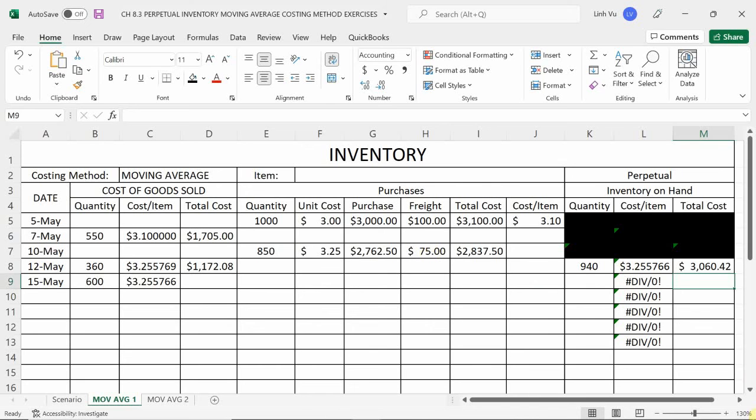Even if you were to calculate it on your calculator, 3,060.42 divided by 940 should be 3.26. But whatever you did, if this side was not rounded and you did not cell reference this, that is the reason you're going to get that number off, because you're leaving this section unrounded.